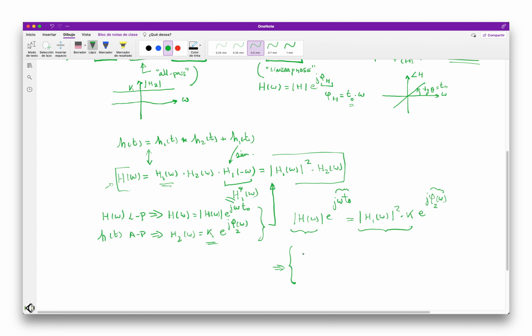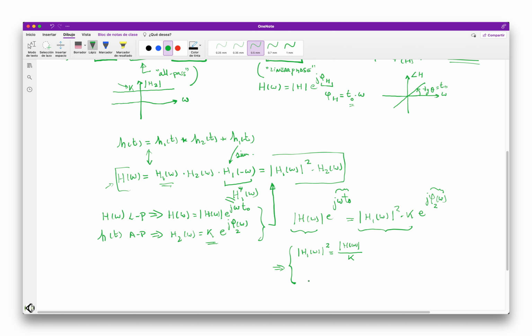In terms of the modulus, we will get that the modulus of H1 of omega squared is equal to the modulus of H of omega divided by k. K again is a constant by which the signal at the input of H2 is attenuated or amplified, depending on k being bigger than 1 or lower than 1.